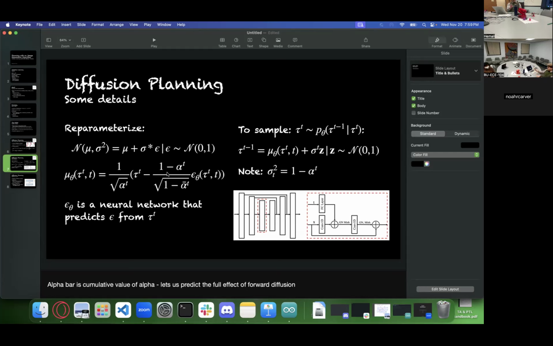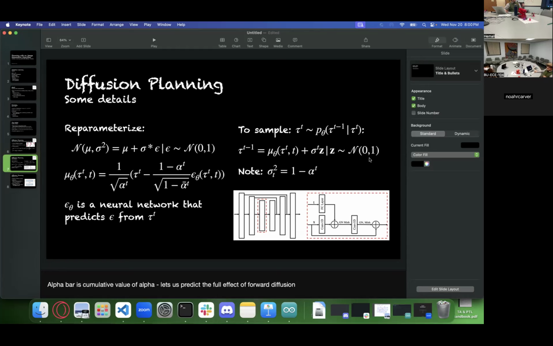The neural network predicts the total error at diffusion time t, and then we're going to temper it given the predicted variance. And we're going to do a sample as well in order to find our next predicted trajectory.